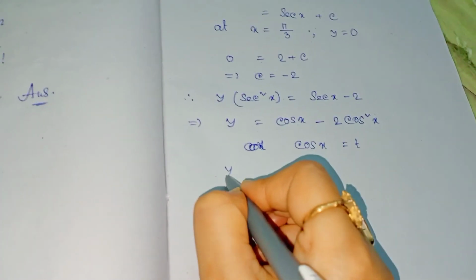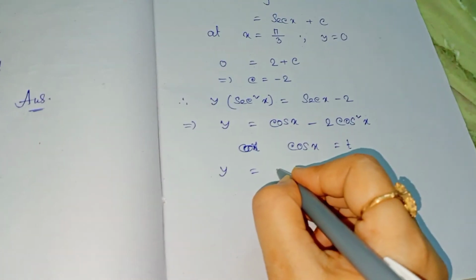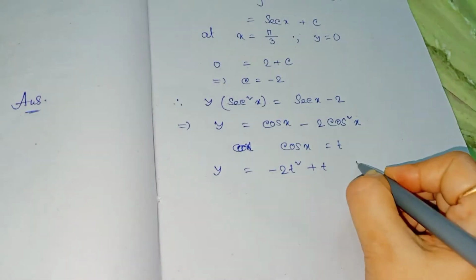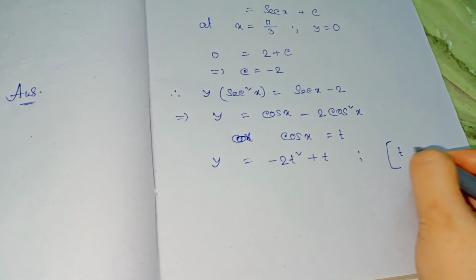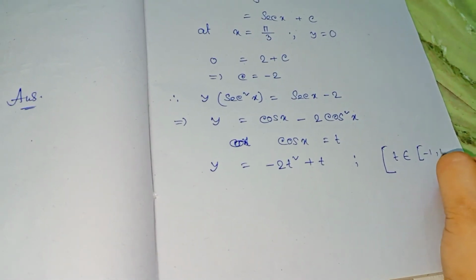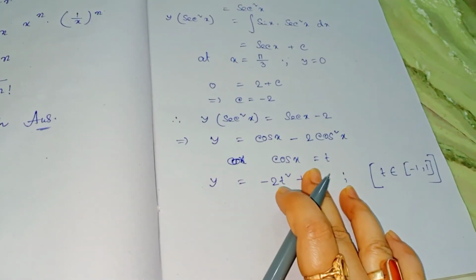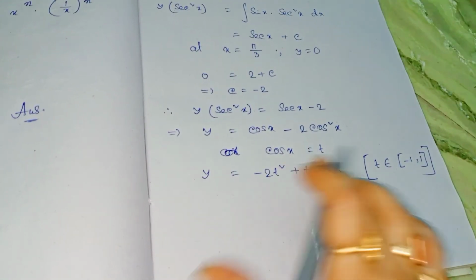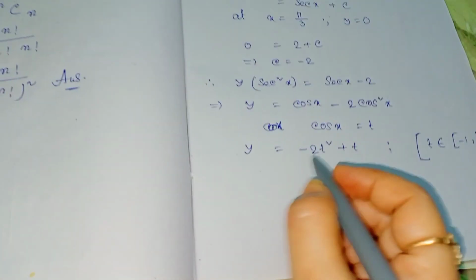So now y becomes minus 2t² plus t. As cos x lies between minus 1 to 1, so t lies between minus 1 to 1.